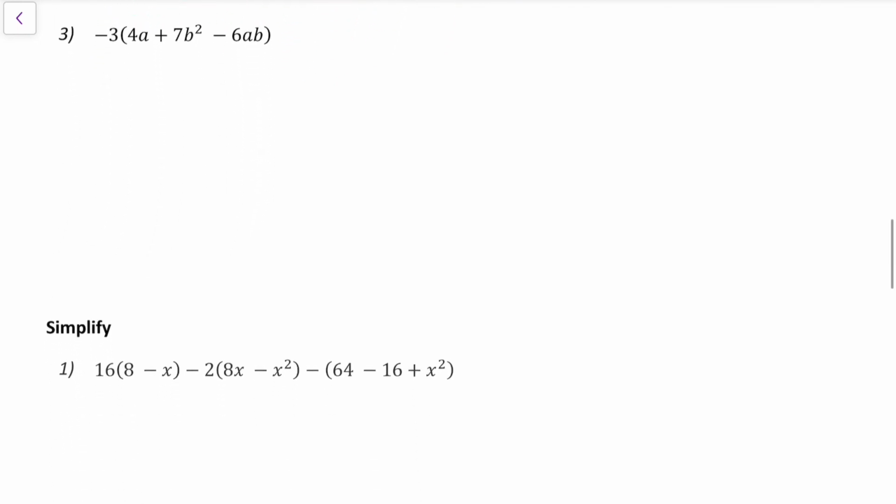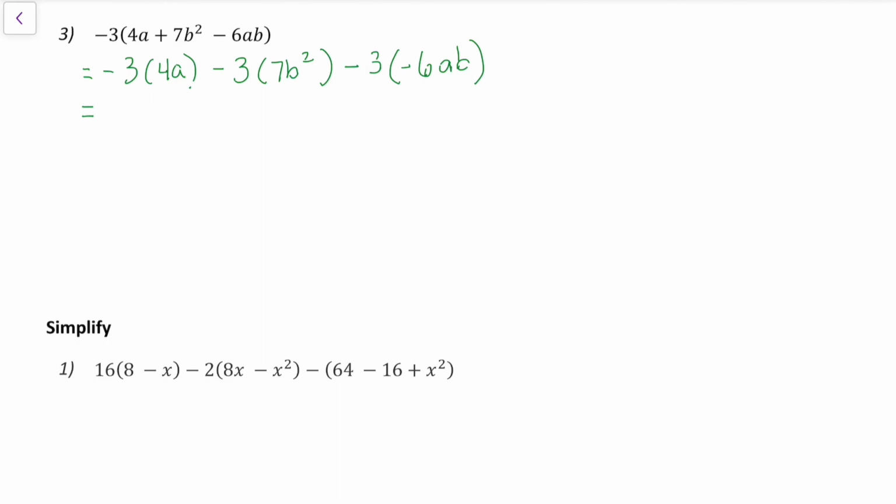And question number 3 here, that minus 3 is going to apply to our 4a. It's also going to apply to our 7b squared. And it's going to apply to our minus 6ab. Again, you'll notice that I've kept the sign with its term.